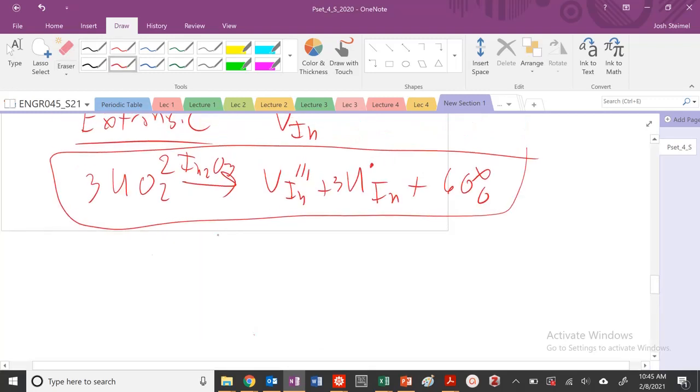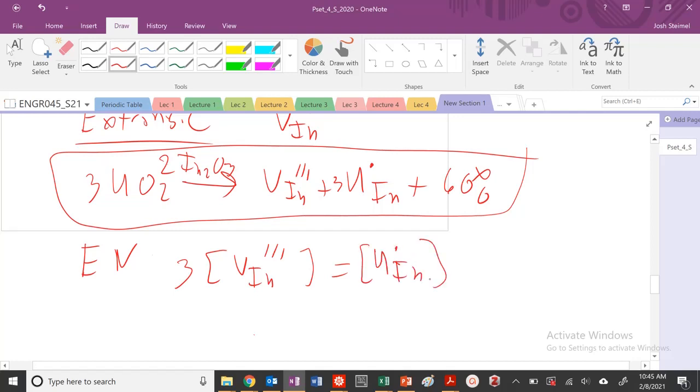Let's write down our electroneutrality. It's going to be this indium vacancy, 1, 2, 3, times 3 here, and that's going to equal U indium here. Again, this is the same idea as previously.